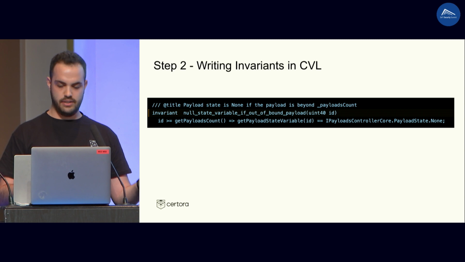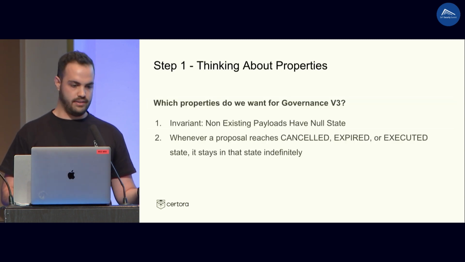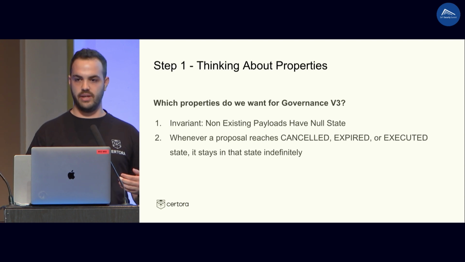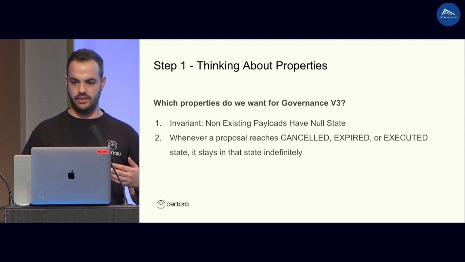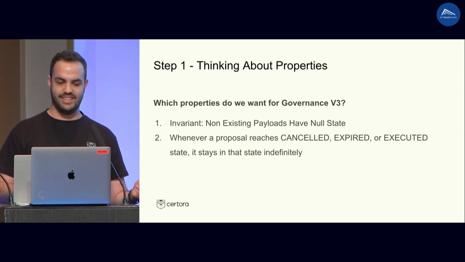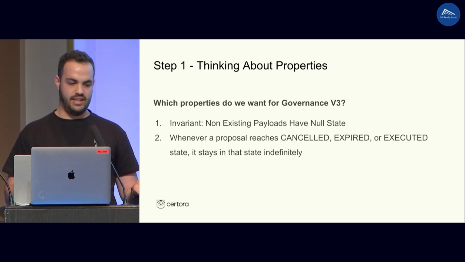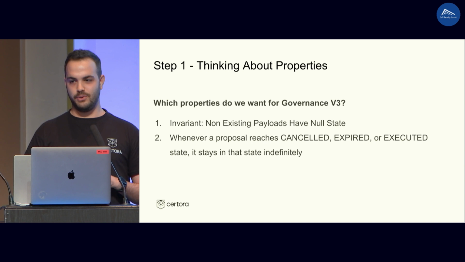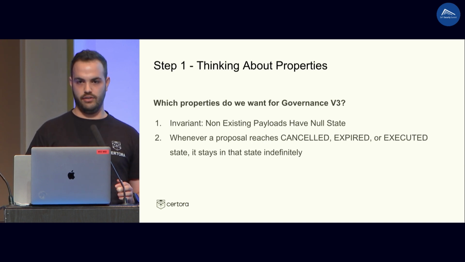What do I mean when I say use it? I mean that for the next rule, we will require the invariant and see that it helps us to prove the rule. So another property that we want to have in the governance v3 is about proposals. As Ernesto said, there is a pretty complex state machine for the proposals.